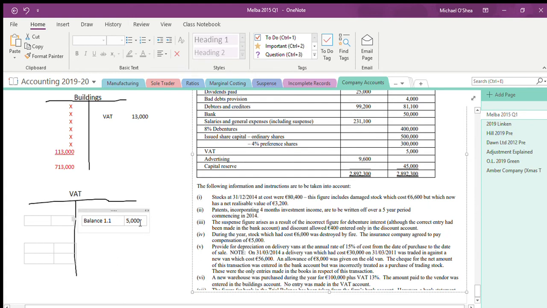So you owe 5,000, and every time you owe more VAT, you increase the amount on your credit side. Every time you pay VAT, that's now gone, and it reduces the value of what you owe.